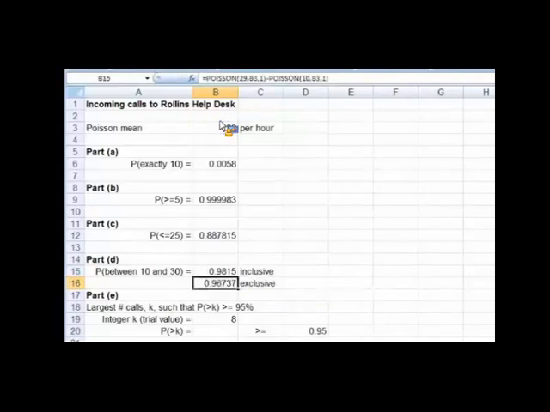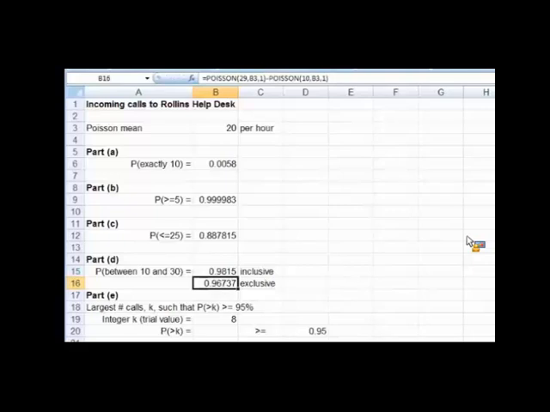All right, and as you'd expect, the probabilities excluding the values of 10 and 30 are going to be smaller than the probabilities including the values of 10 and 30. And the difference between them, this inclusive value and this exclusive value, of course, should be exactly the probability of getting exactly 10 plus the probability of getting exactly 30. Right? That should make sense.